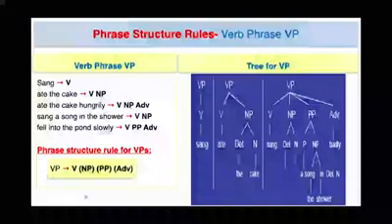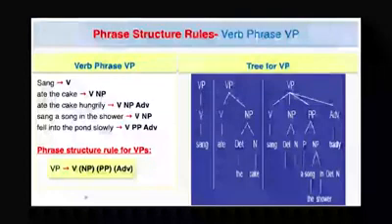The verb is ate, and the NP stands for the cake, a determiner and a noun. Another example, the third one, we have a verb phrase, sung a song in the shower badly. So we have another adverb there.